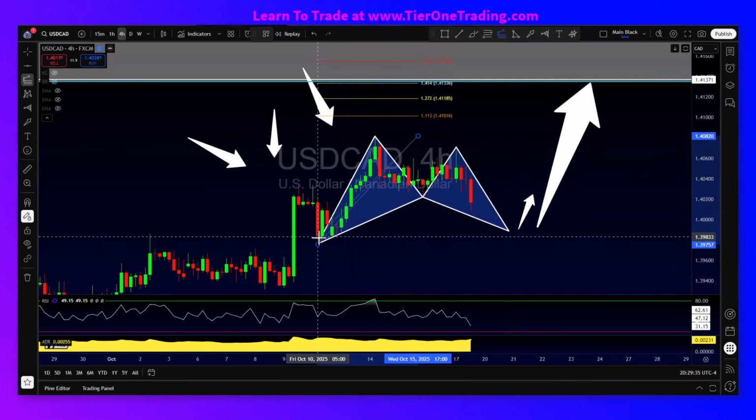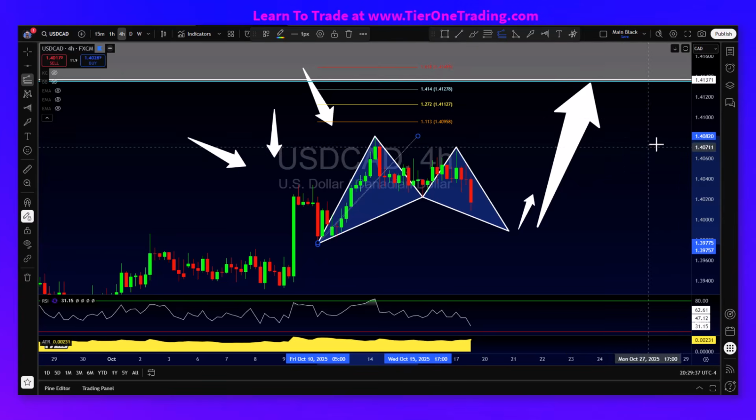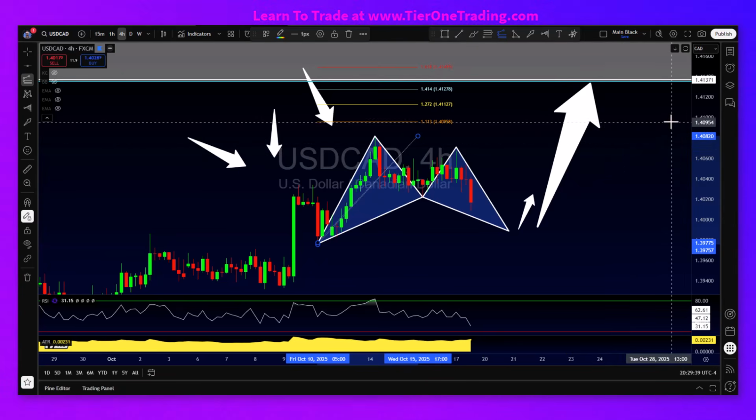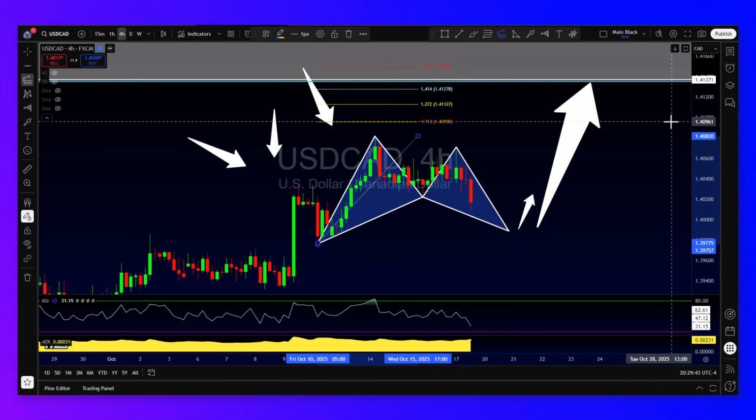If I just measure that in, look at that, right in there. So again, we'll dive into more details as the week goes on if this actually fills, but a good idea on how to take a pattern trade and use the information that the chart gives you to potentially put yourself in a situation where you can turn it into a home run trade.